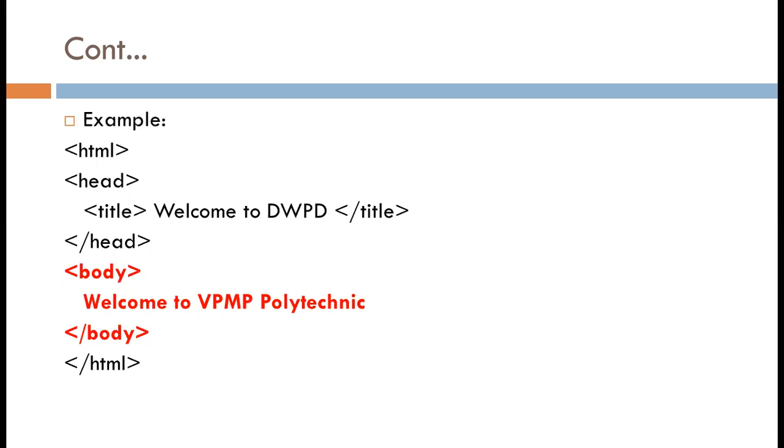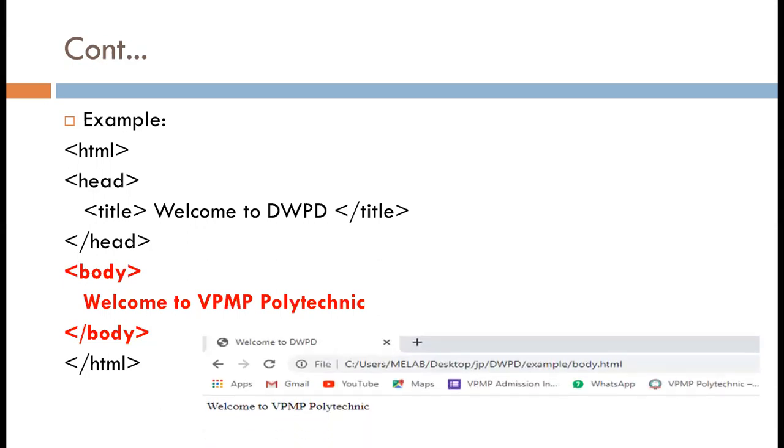So written by /html. The output of this coding is like this. This whole code is written in Notepad and saved with extension .html. Here the title is displayed in the title bar and the body tag contains one line, Welcome to VPMP Polytechnic. So it is displayed in the web page.